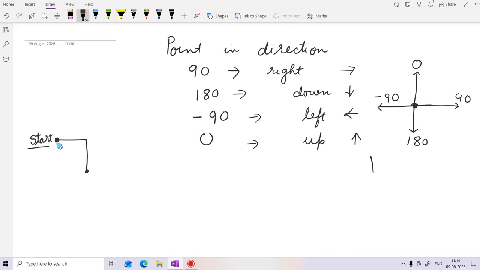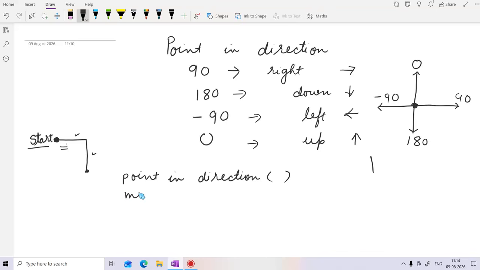You mention yourself that if I want to start from this position, then you see how many lines there are. For each line, students, please remember, you need two commands. One is point in direction, which is very important, with whatever value you see according to the line. I'm putting a bracket over here.